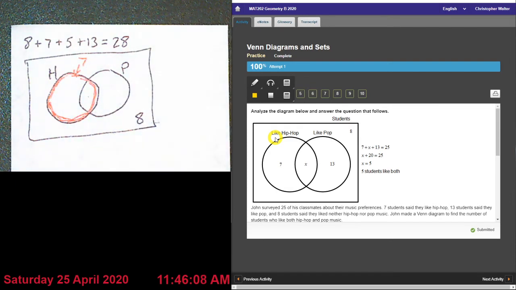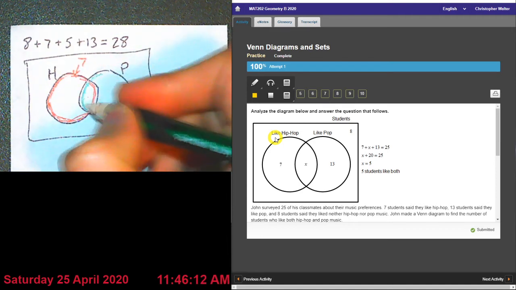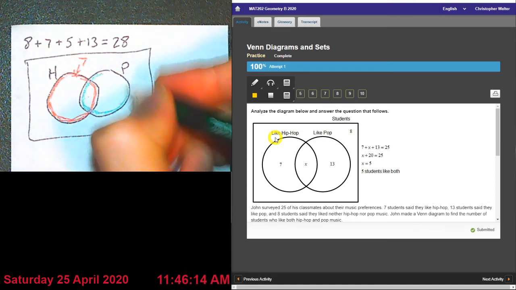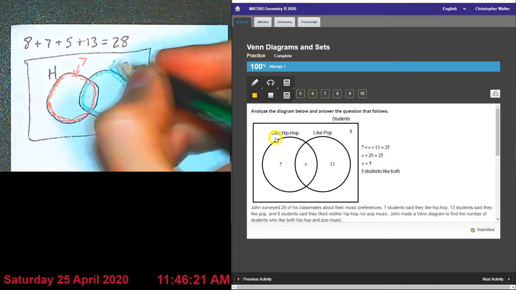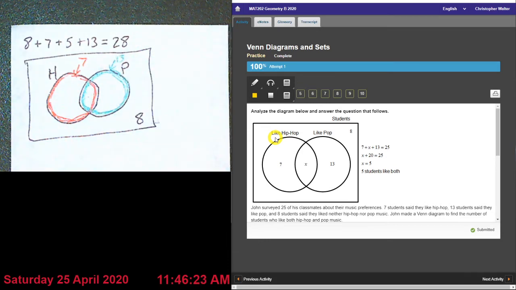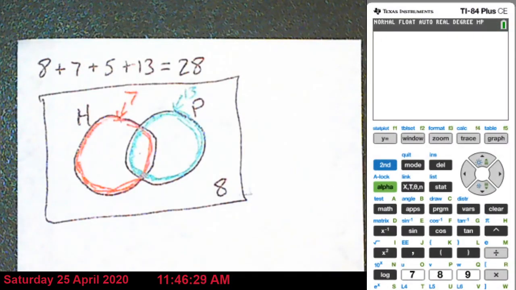And same with the people who like pop. There's 13 of them, but he doesn't specify whether those 13 people only like pop or if they potentially like both. And so we know that these 13 people are somewhere in this particular circle. I'm going to enlarge this real quick so that we can see it better.